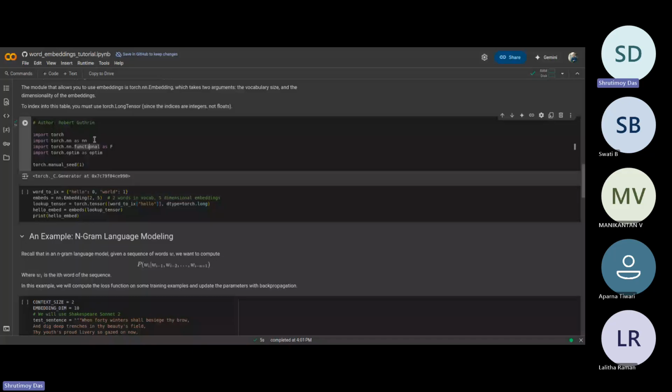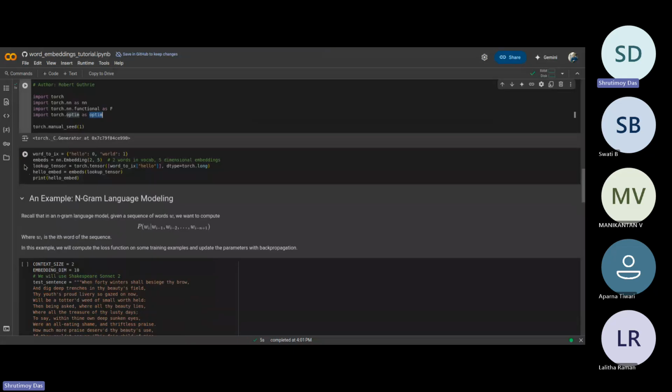So whenever you are designing a neural network, you will have to call nn dot something. Then you'll need the ReLU activation or some other activation that you might be using, which comes inside functional. And at last, you need to optimize, right? You need to use, say, SGD or Adam for optimizing your network. So we have this library package called optim.